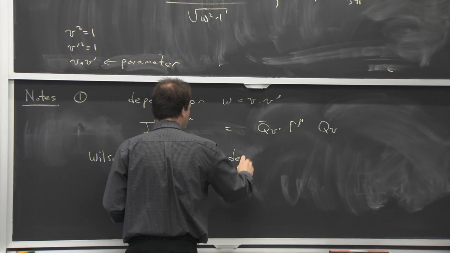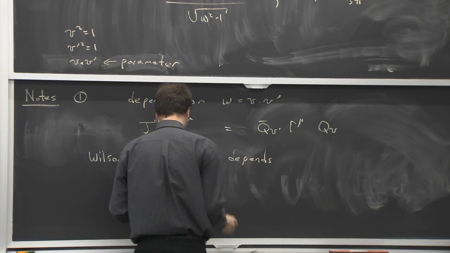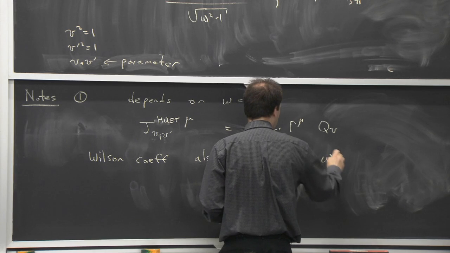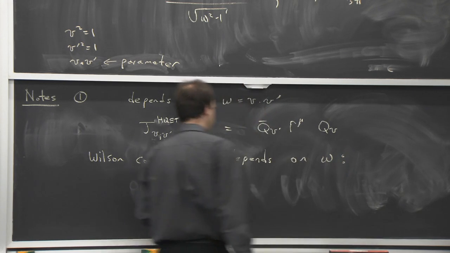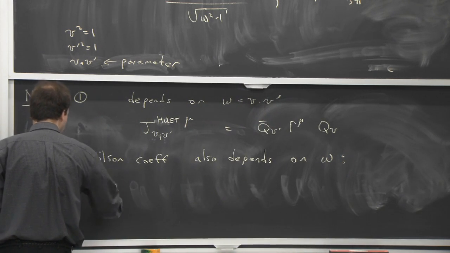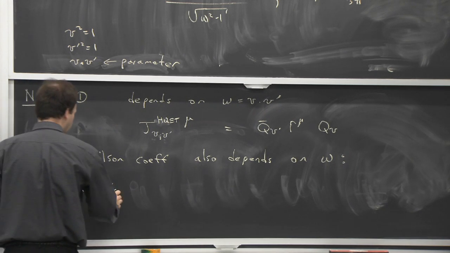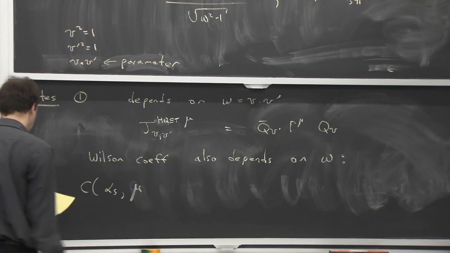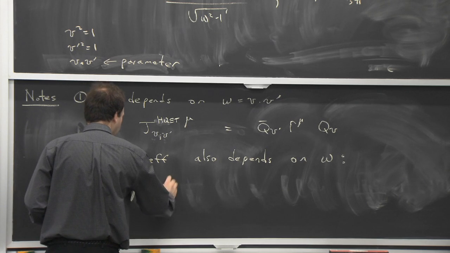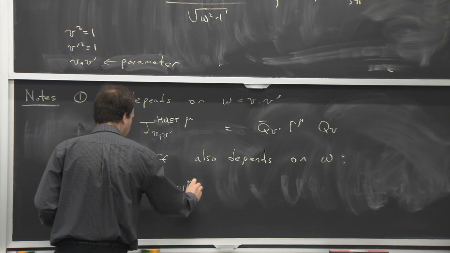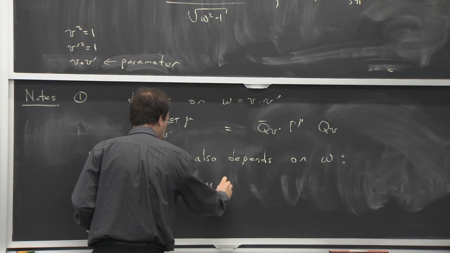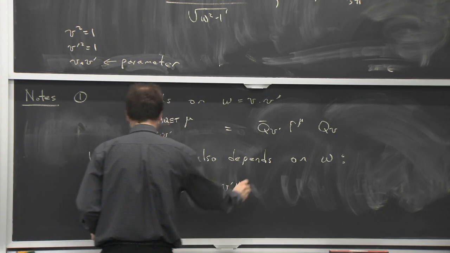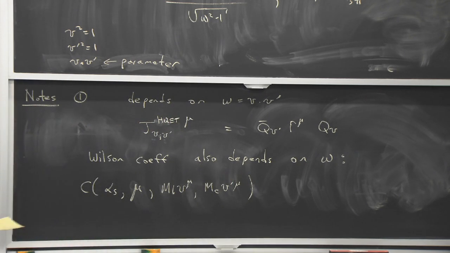Now, because the Wilson coefficient is a scalar, it really only depends on w. If you think about Wilson coefficients, they depend on alpha s, they depend on the scale mu, they depend on the hard scales in your problem. And the hard scales in the problem here for us are m_b times v and m_c times v prime, because those are the heavy scales of the heavy charm quark and the heavy b quark that we're removing.